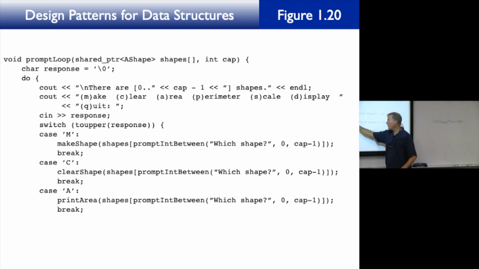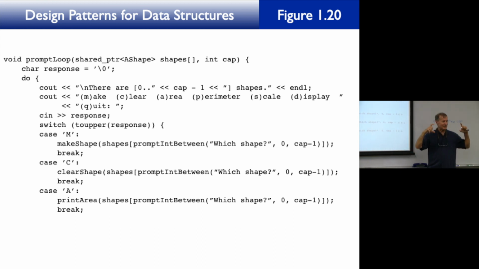And then this whole thing is in the what? Look at this. That whole prompt thing returns an integer, and it is in the what? The brackets of the shapes array. You see how that works?